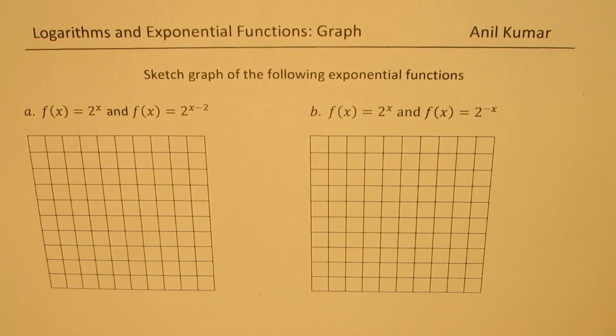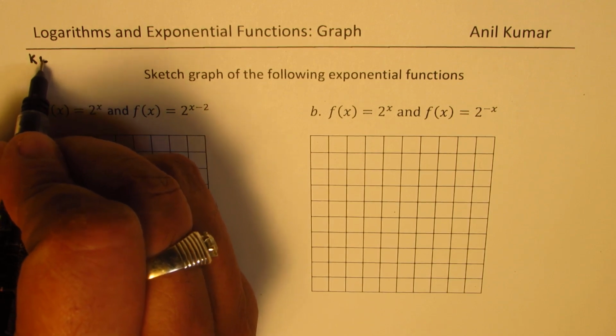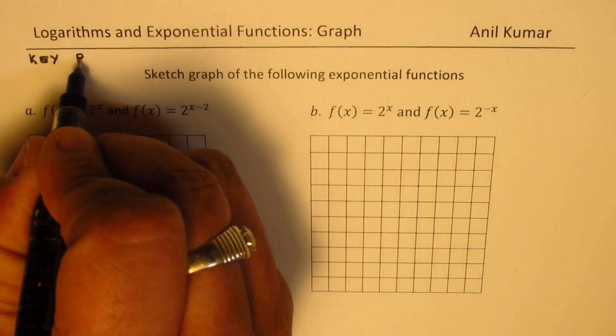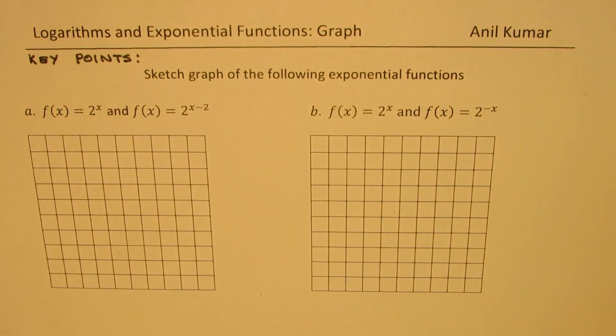Now, whenever we want to sketch any graph, we always have to look into key points. What are key points for an exponential function? This is what you need to understand. We are looking for at least 5 key points.